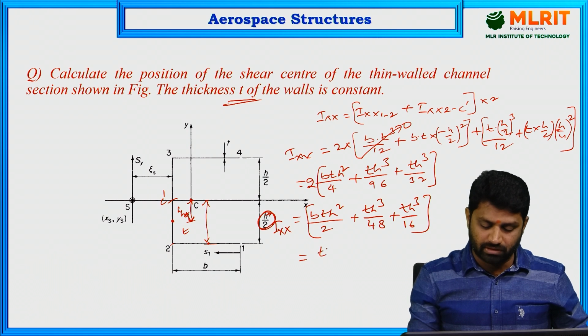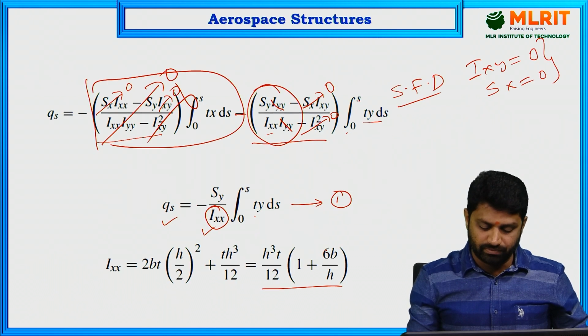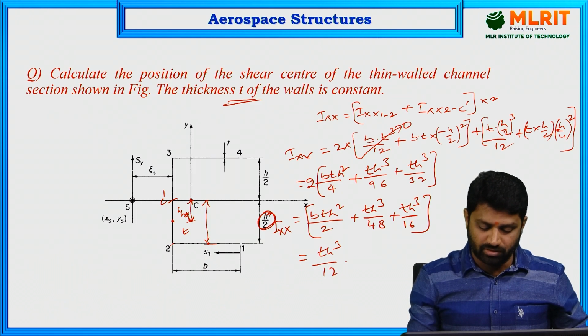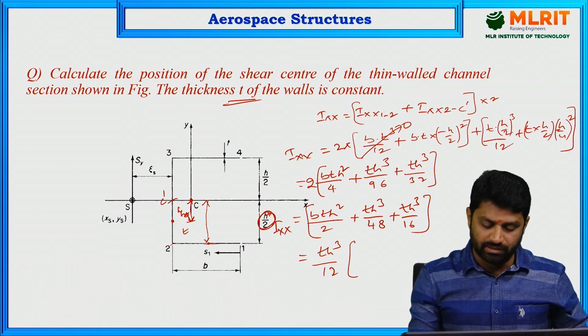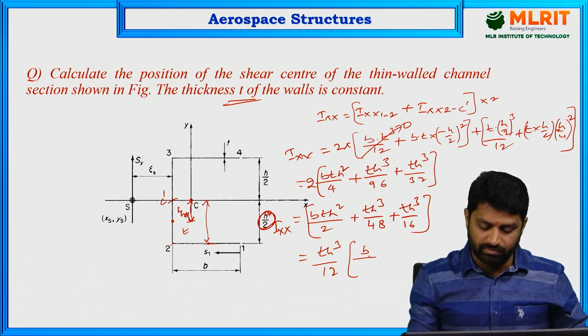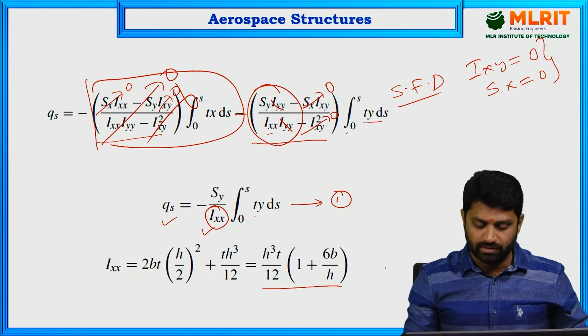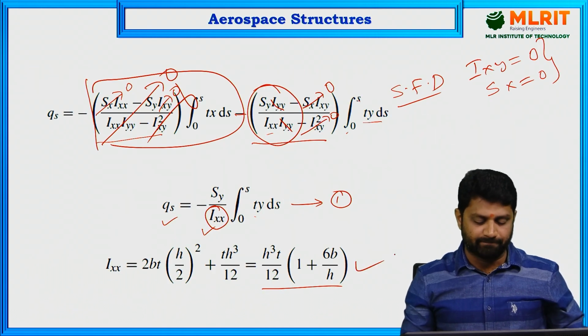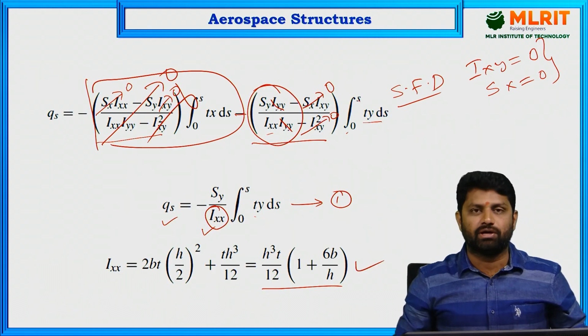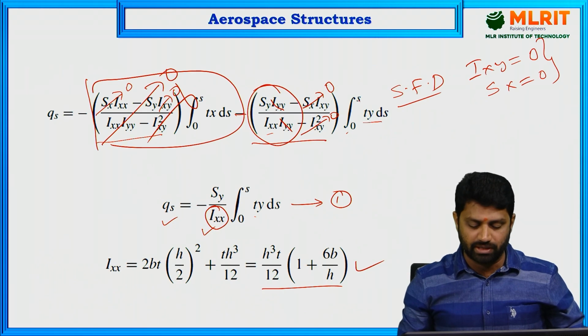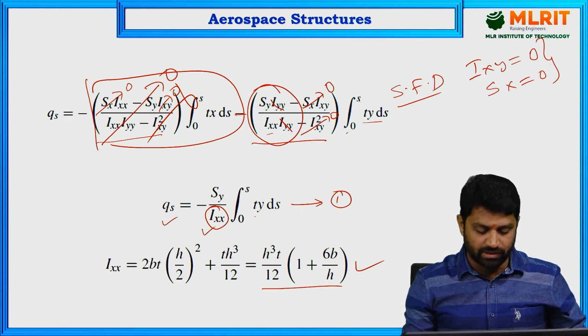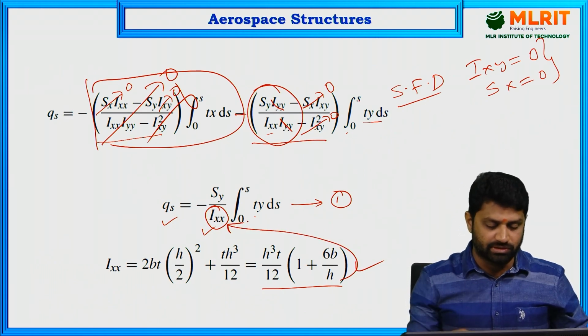So completely you can take th cube by 12, you can take common, and when you take this common you are left with here 6b by h plus 1 you are going to get here. Okay, so this is what you are going to get here, h cube t by 12 into 1 plus 6b by h. Okay, so that is what Ixx. So once you get this Ixx, you have to take and substitute here, that is one thing.